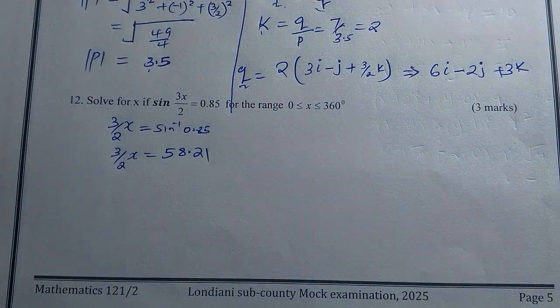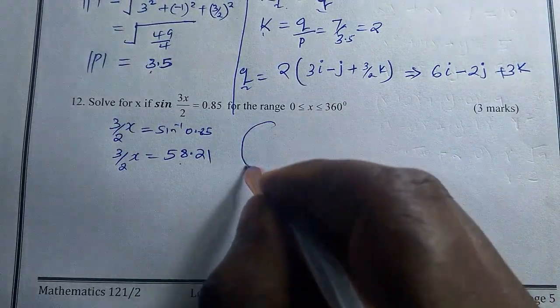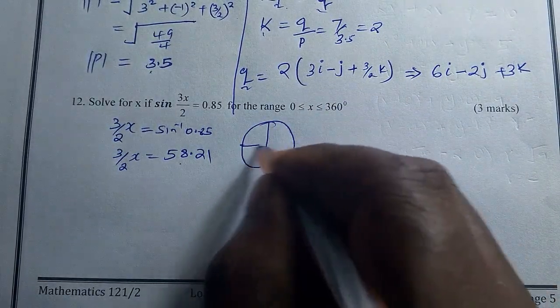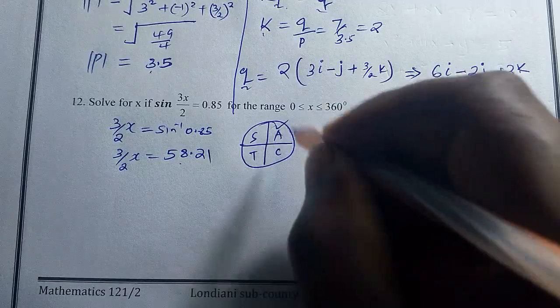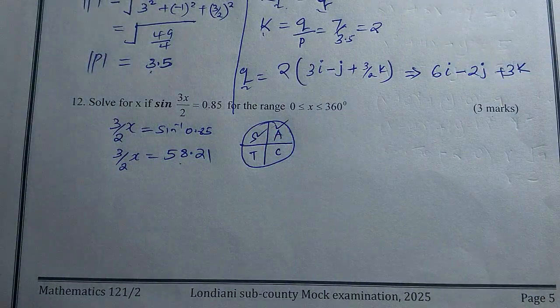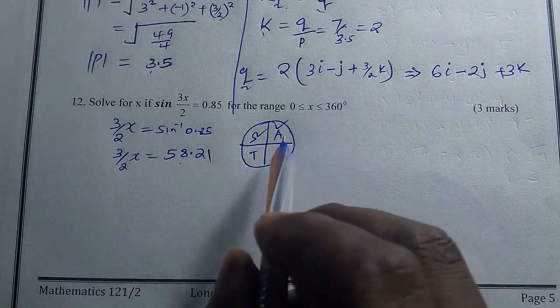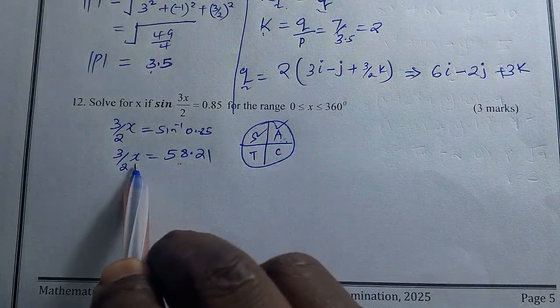So our angle is this one, and we are using the ASTC rule. So our angles are found in the first quadrant and the second quadrant where the sine is positive.